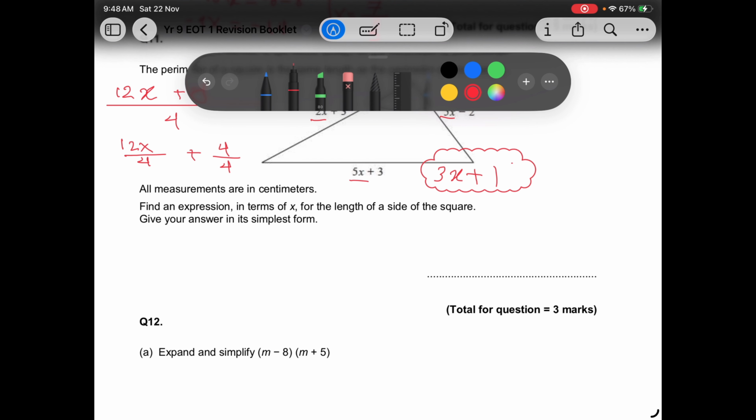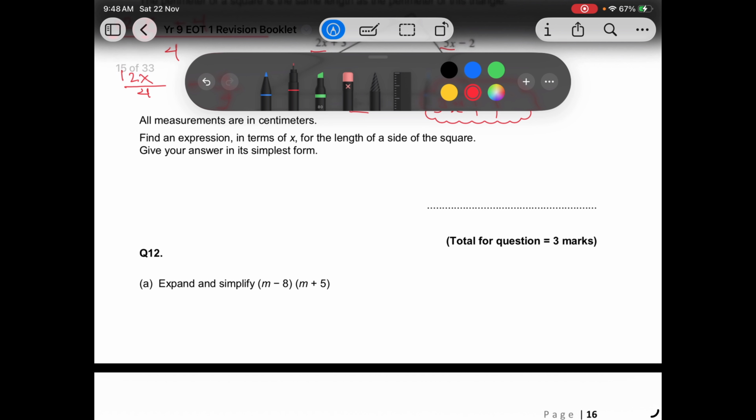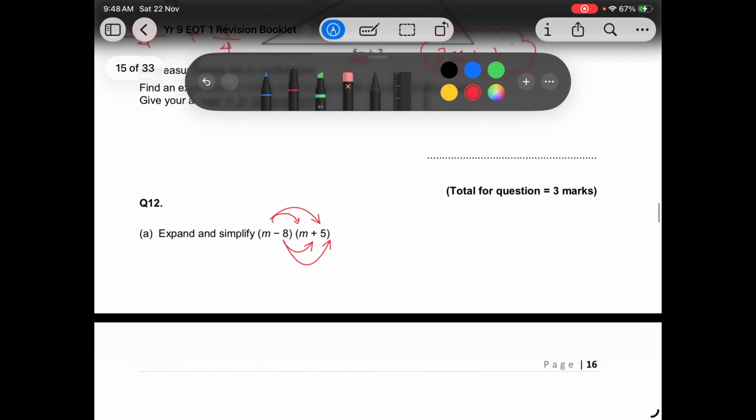The previous problems may be more complicated than the one we have here. And now guys, to expand, multiply first by first, then first by second, then second by first, then second by second. So let us do that together.